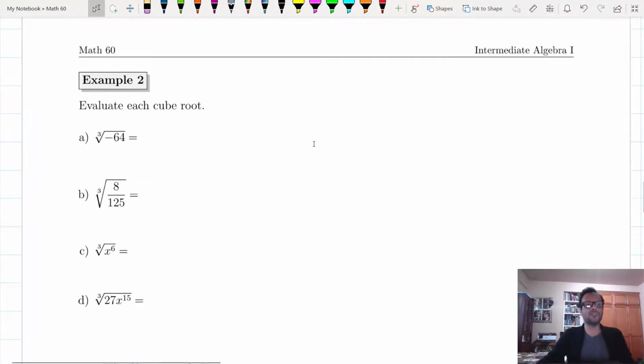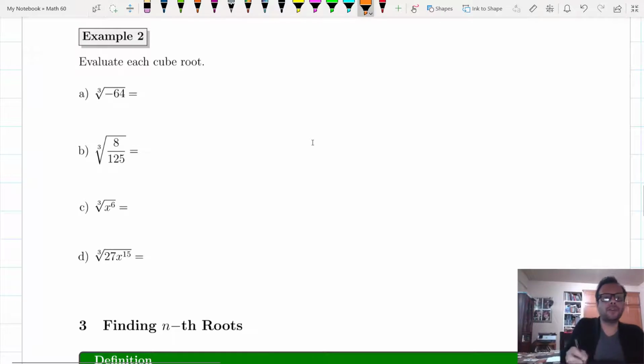Okay, let's look at the first example, the cube root of negative 64. In other words, what number to the third power equals negative 64? In this case, for the cube root of a negative number, bring down, carry on the negative sign, and evaluate the cube root of 64 as if we didn't have a negative sign, but in this case we have it.